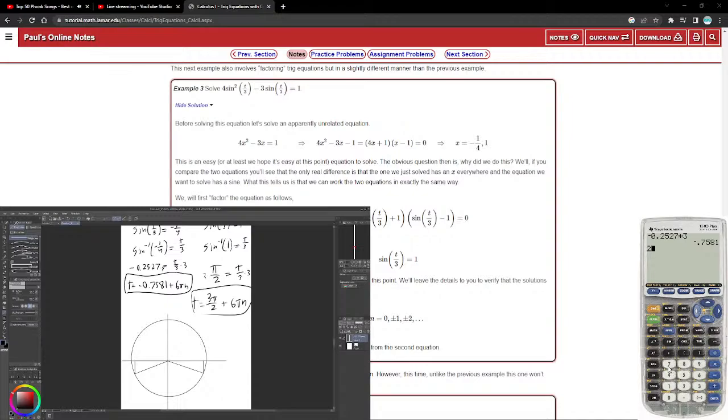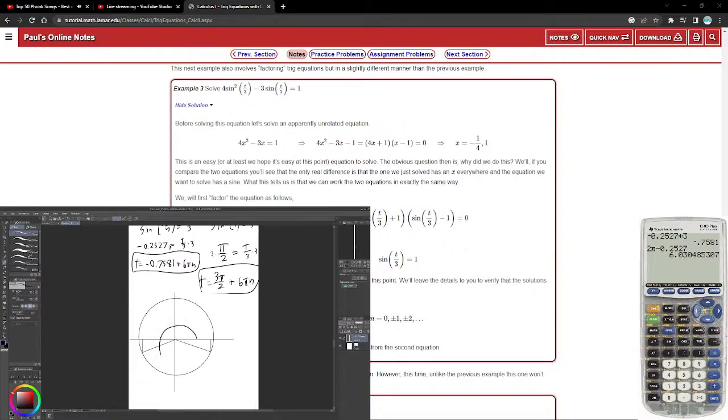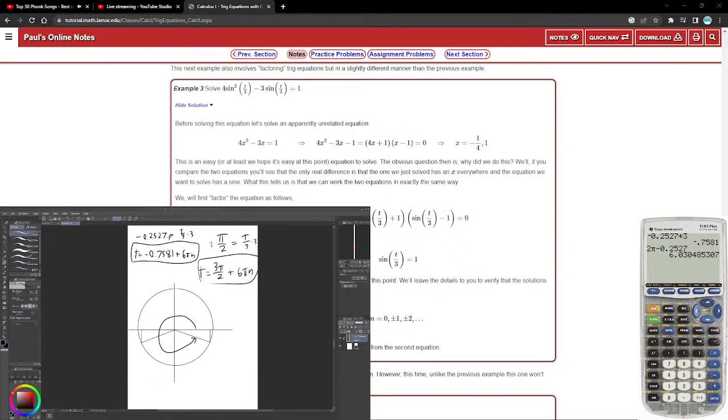So 2 pi minus 0.2527 is 6.0305. Okay, that's this entire thing up to here.